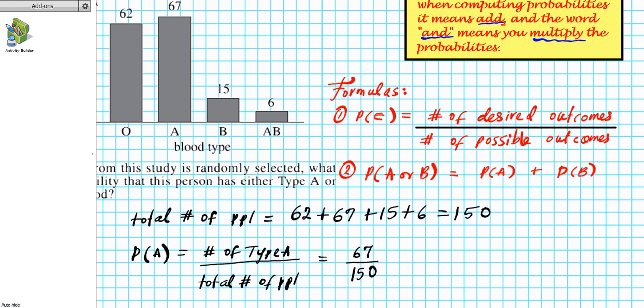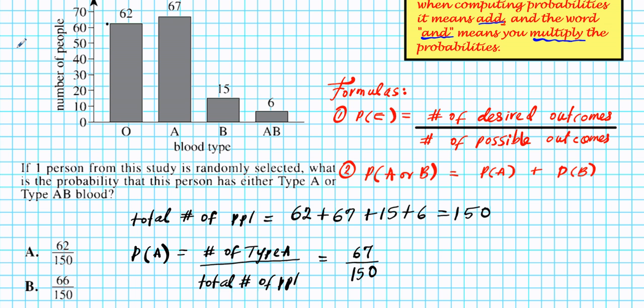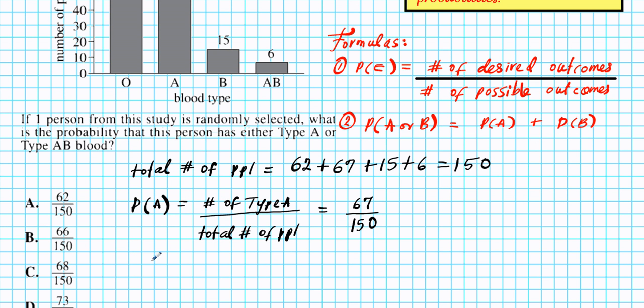The next thing we have to find is the probability that someone randomly selected has blood type AB. The probability of blood type AB is the number of people with type AB, that is the desired outcome, divided by the total number of people.